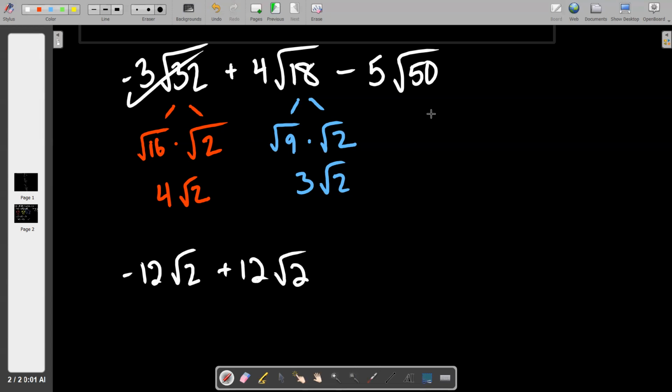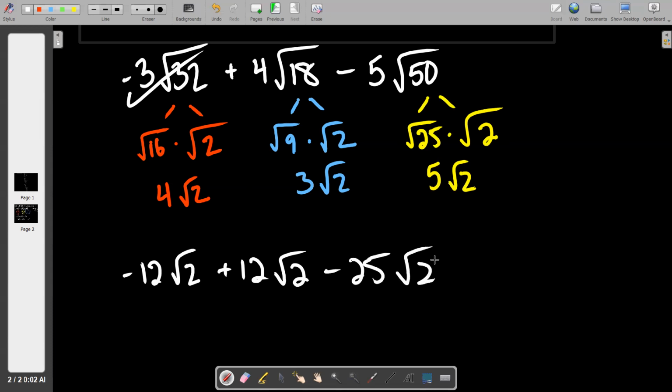And then the last one I have is this one, and I heard it coming from the back already. Definitely want to use 25 times 2. If you're still thinking 5 and 10, then I'm just not doing my job well enough if that even crosses your mind. 5 and 10 are trash. 25 and 2 are fantastic. And then that makes 5 roots of 2, which when conjoined makes, right?